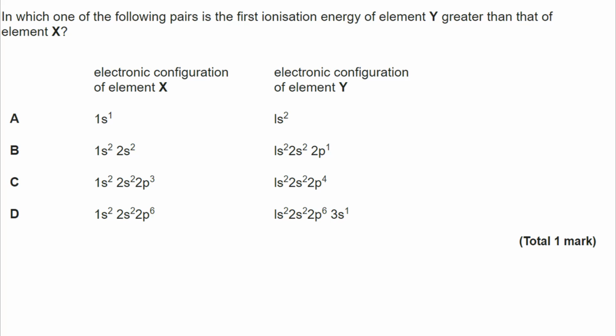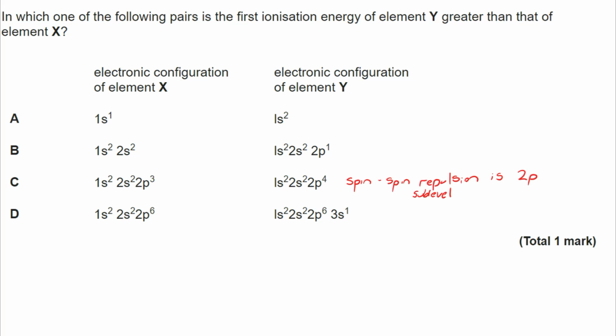So here we're now considering comparisons of ionization energies for X and Y, and we want to know where the ionization energy of Y would be higher than X. Let's go through and take a look at what's happening. In C, we are seeing spin-spin repulsion in the 2p sublevel. There are 2 electrons sharing an orbital.